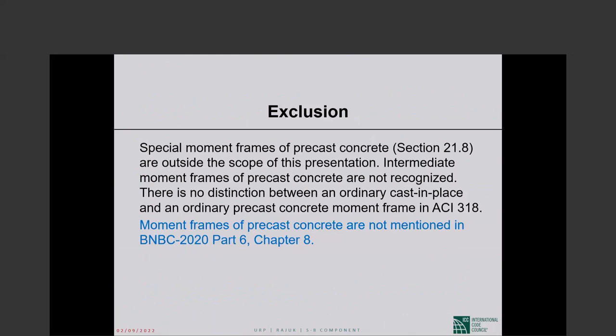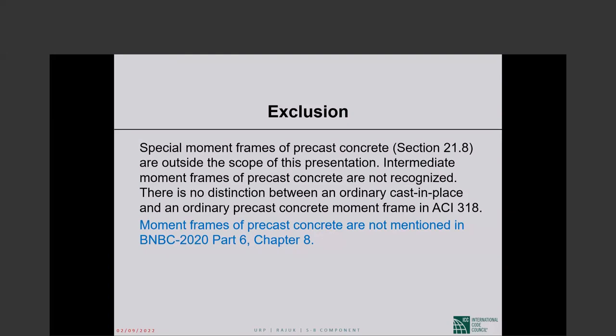This is something I want to make clear up front. Special moment frames of precast concrete, which is Section 21.8 in ACI 318-08, are outside the scope of this presentation. I will not go in there.